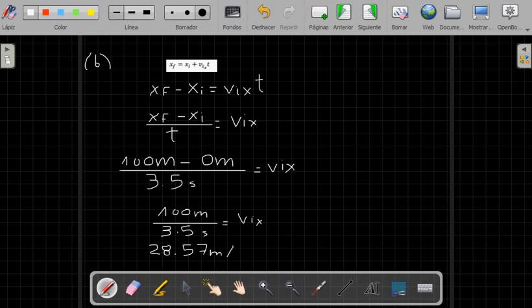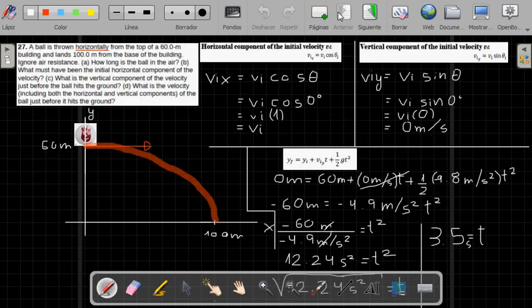And that's the value of the initial horizontal velocity. We couldn't find it at the beginning, but after all, we did. No pudimos encontrarla al principio, pero después de todo, sí que la pudimos encontrar por otro lado.